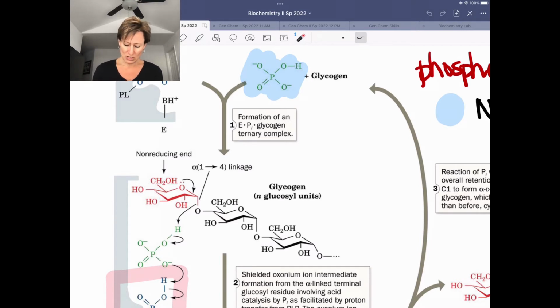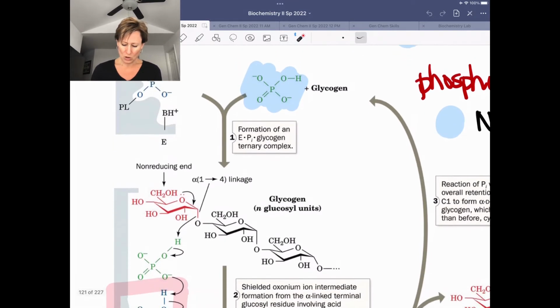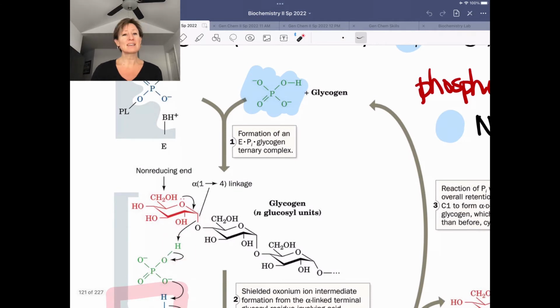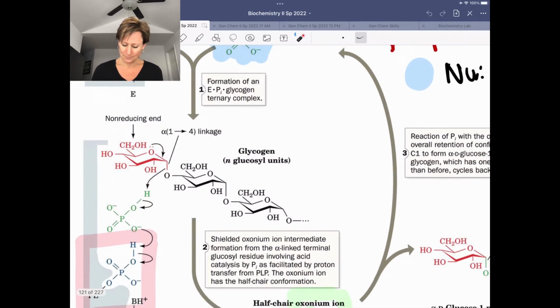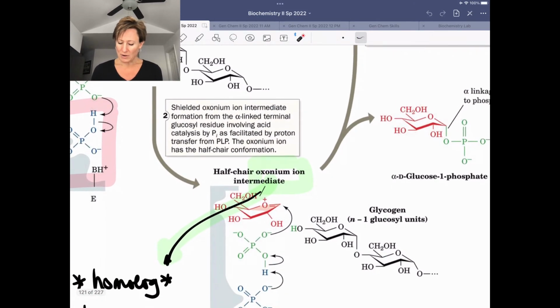So the first thing that we're going to do is protonate this oxygen, make it a better leaving group. We're going to have an internal nucleophile push those electrons out. We're going to, again, break this bond. It's made into a better leaving group by protonation here. Okay, so now we have this very electrophilic intermediate.